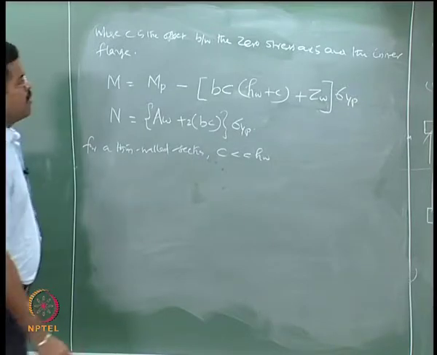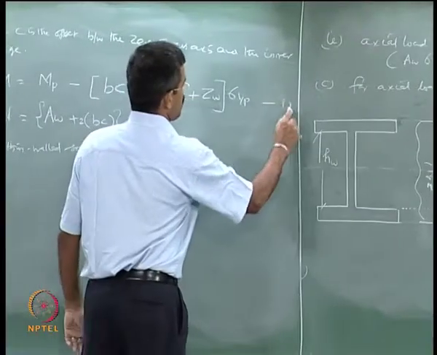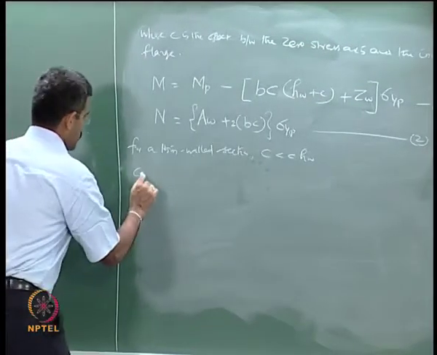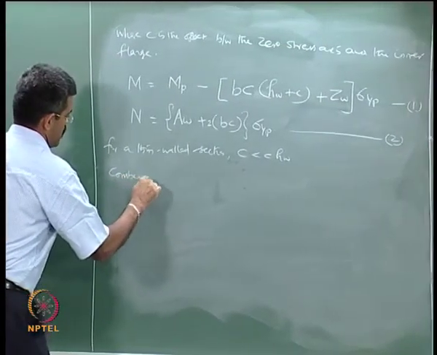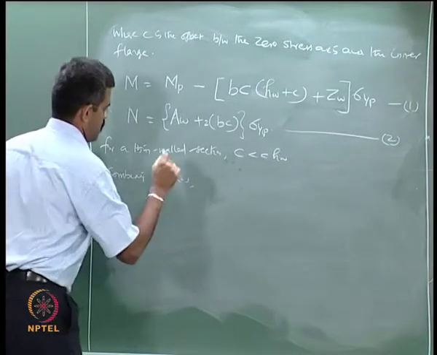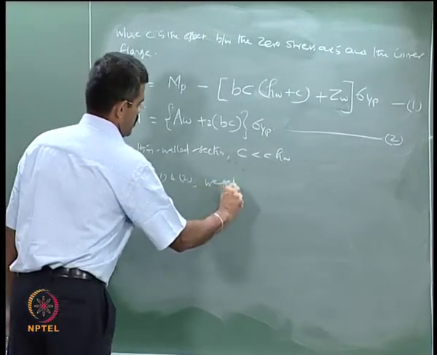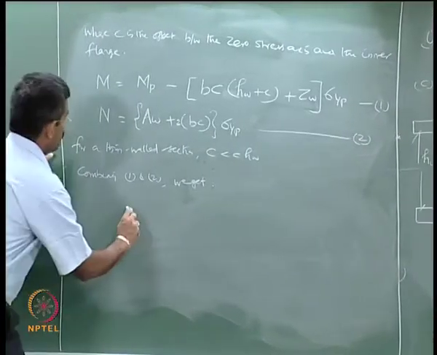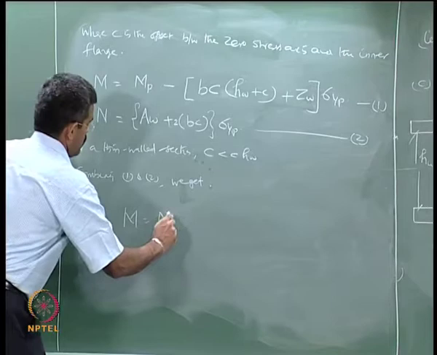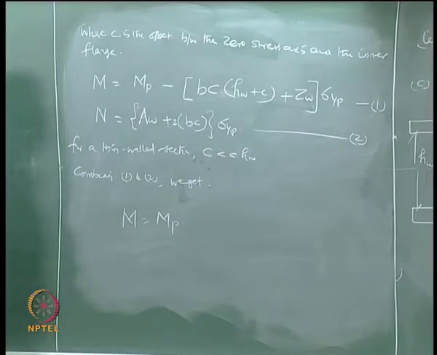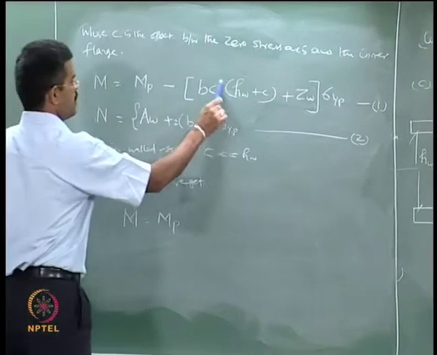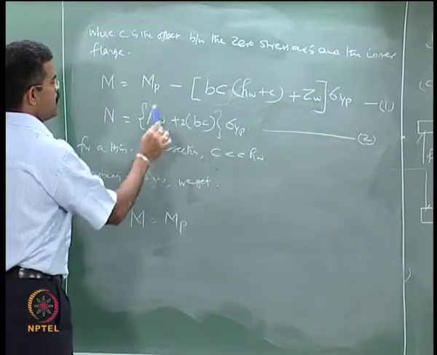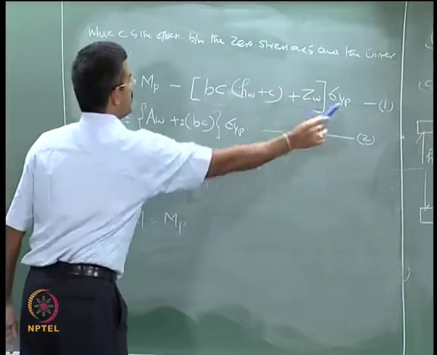So, combining the above, I can call this equation number 1 and this equation number 2. Combining 1 and 2, we get M is equal to MP, because you have BC sigma yp and AW sigma yp, which are present in the equations above.